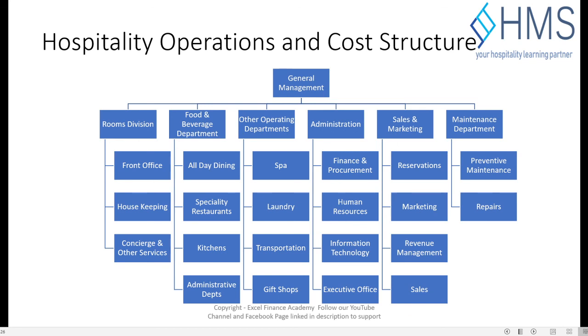In certain hotels there is no head for undistributed expenses, such as administration, sales and marketing, and maintenance; these may be managed by the GM directly or by juniors. Not every department will have its own director. It depends on the size of the hotel. So that's about the hotel operation and cost structures.